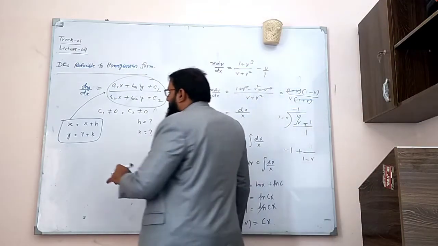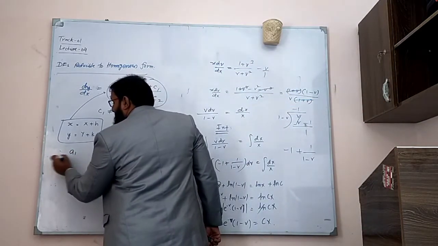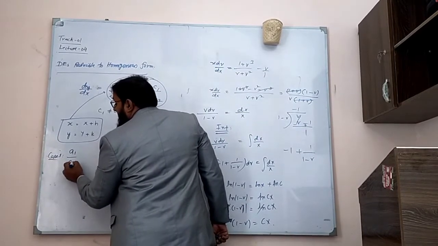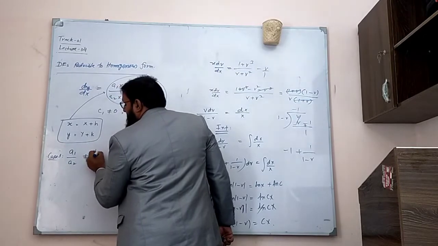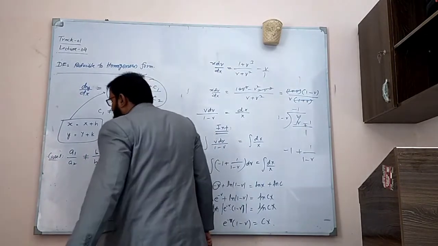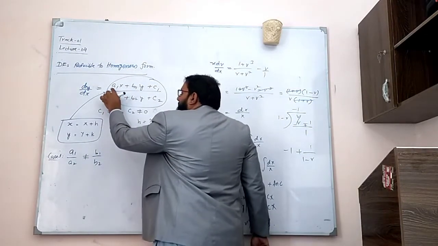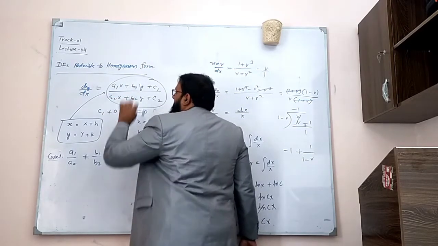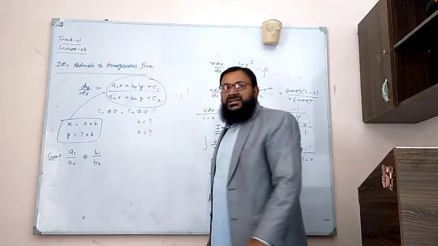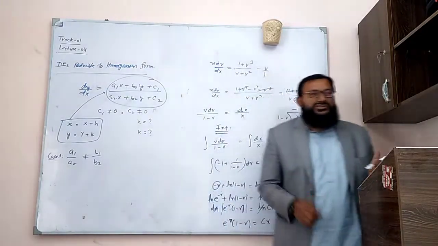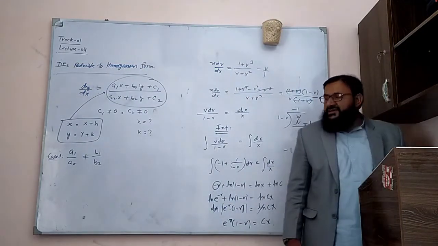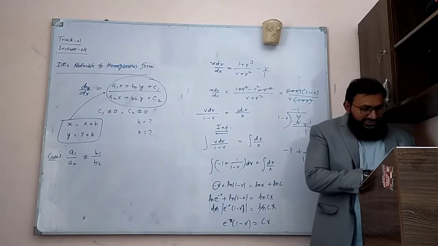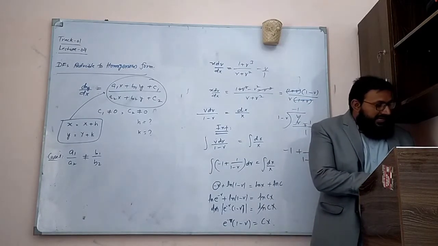The first thing is that there are two cases here. Case 1 is a1 divided by a2 is not the same as b1 divided by b2. It means the ratio of coefficients of x is not the same as the ratio of coefficients of y. Then we will take another case when this ratio is the same, a1 divided by a2 is the same as b1 divided by b2. So let us understand this idea with the help of an example.